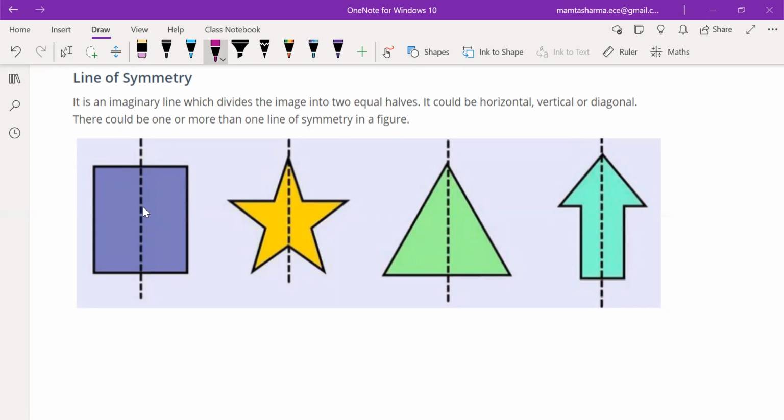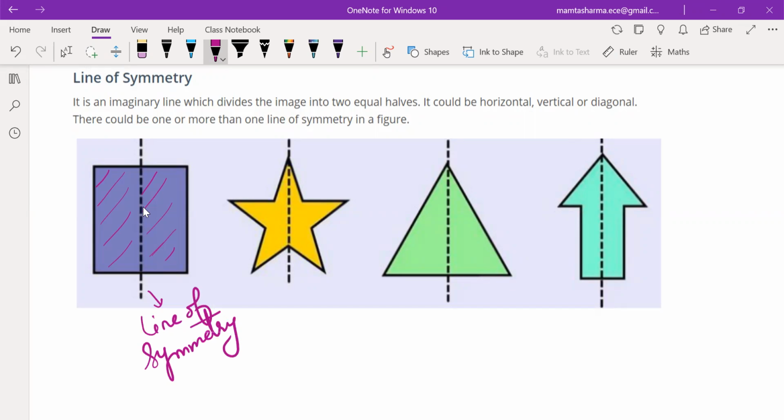Just draw the line which passes through the middle of this rectangle. That would divide this rectangle into exactly two halves. So these two portions will be exactly the same. This would be the line of symmetry for this rectangle.